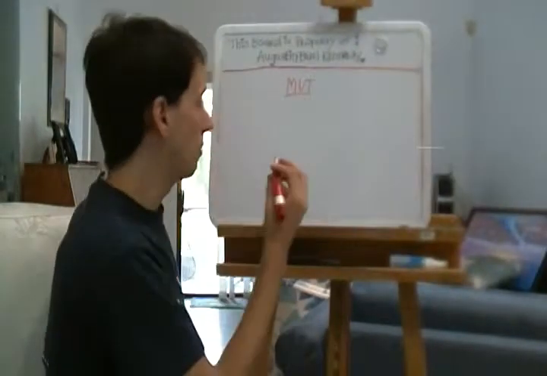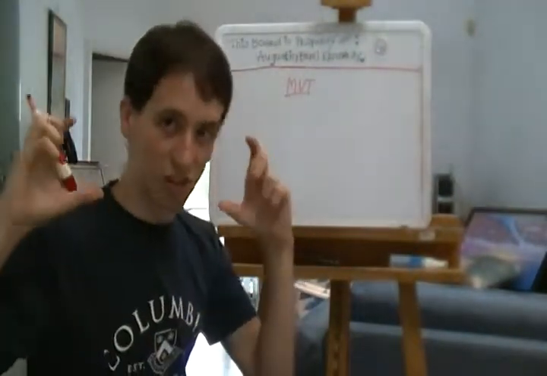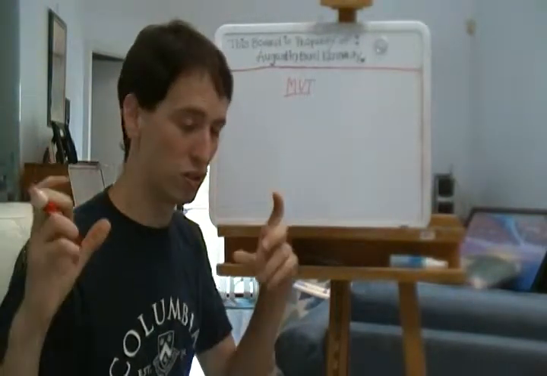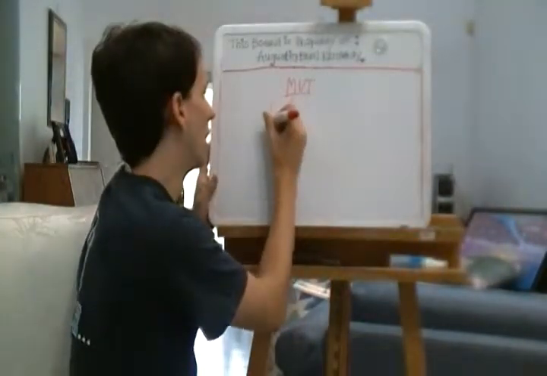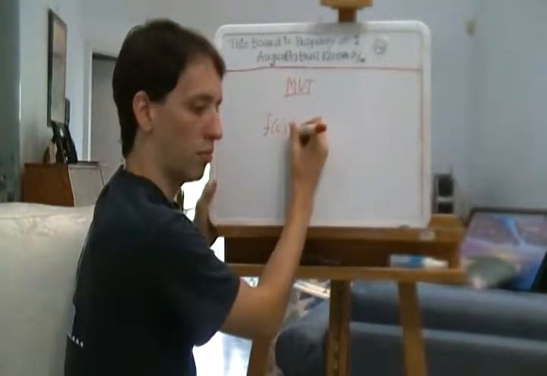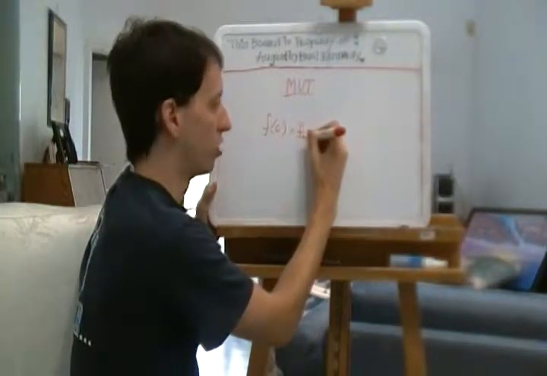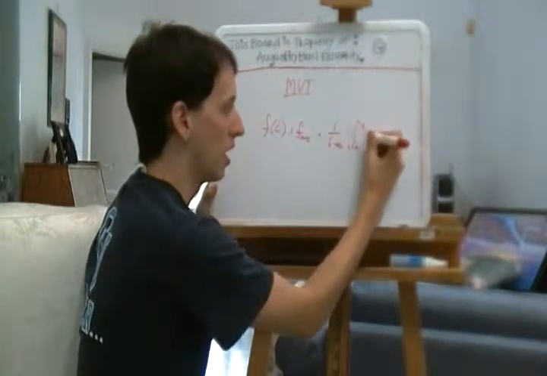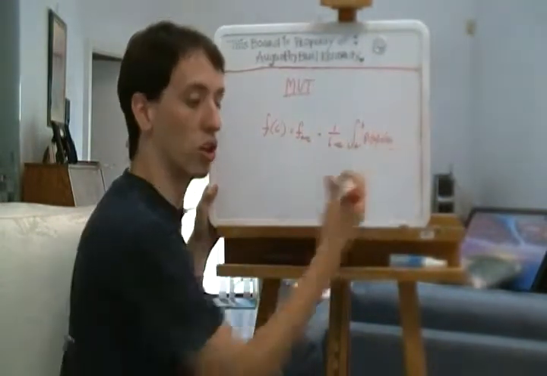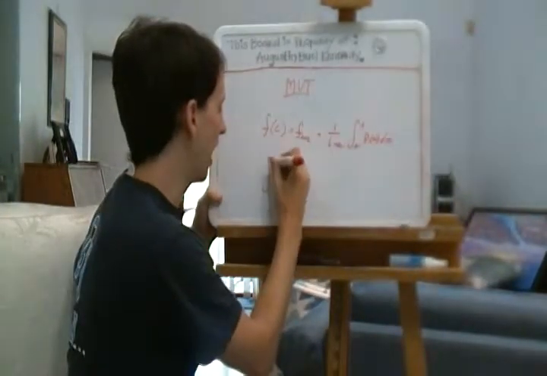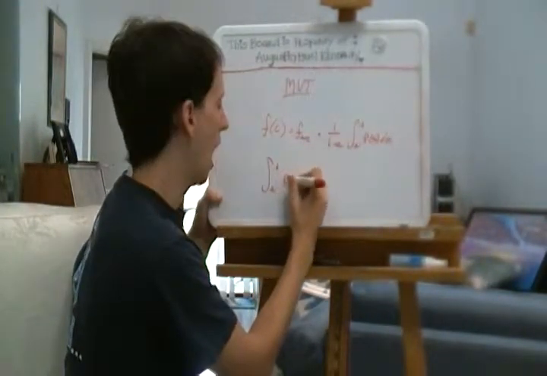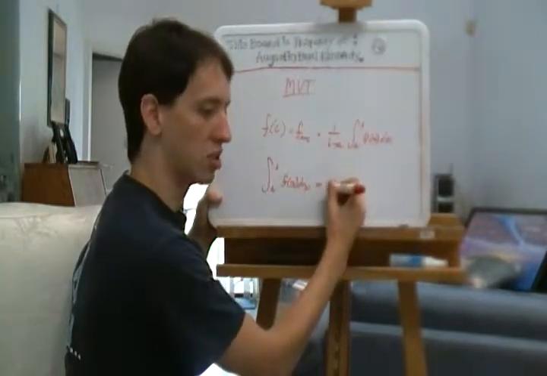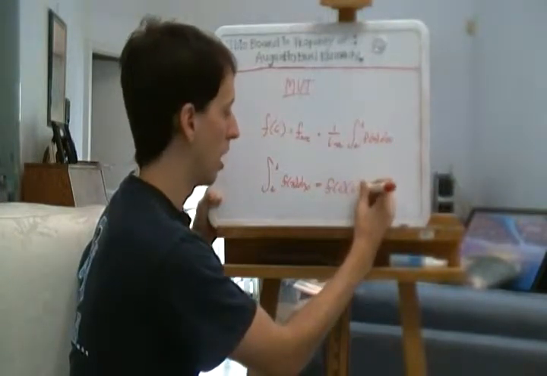It basically says that if f is continuous on the closed interval a to b, then there is a number c in that closed interval such that f of c is going to be the average, 1 over b minus a times the integral from a to b of f of x dx, or concordantly written, the integral from a to b of f of x dx, if you distribute through, is simply f of c times b minus a.